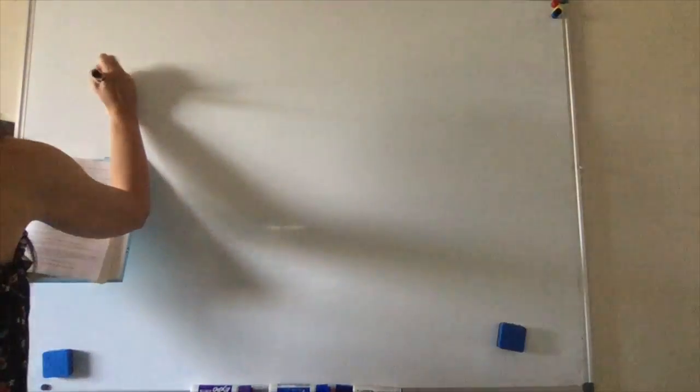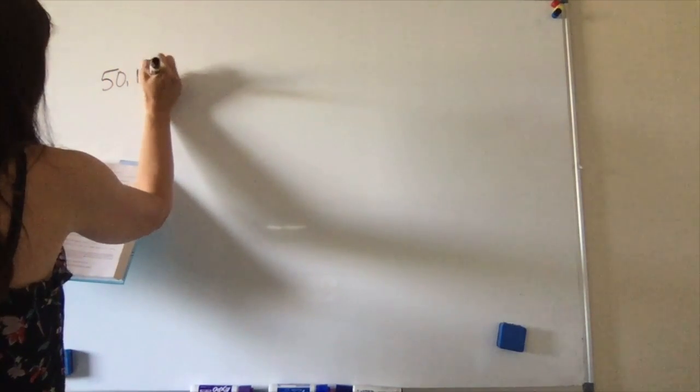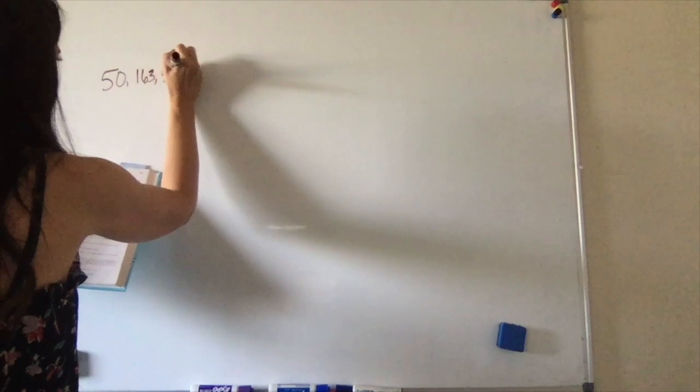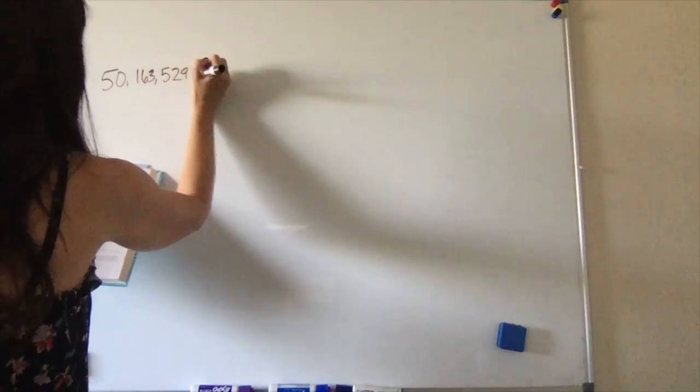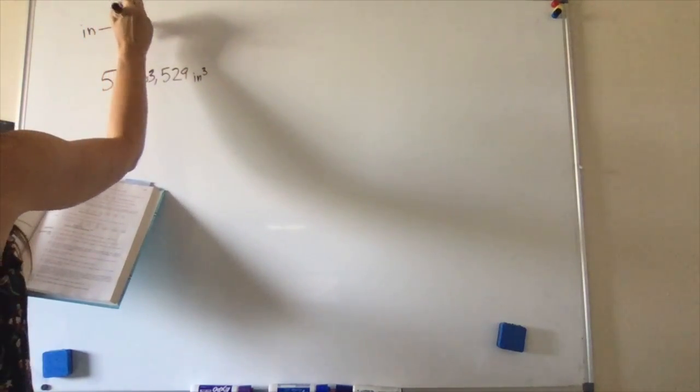So 50,163,529, and it's cubic inches. And we're going from inches to miles. Now, what comes between inches and miles? Feet, okay?